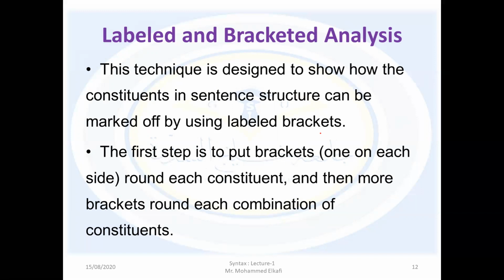When you say combination of constituents, we mean even phrases, not just nouns and verbs, not just words or parts of speech, but even the phrases should be bracketed. So we should use brackets to enclose them. And then at the end, we should use brackets even to enclose what? The sentence itself. Okay.